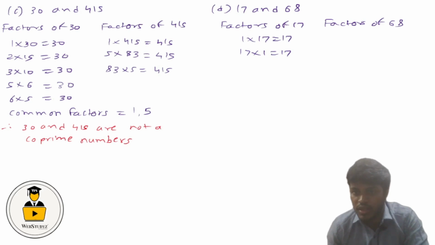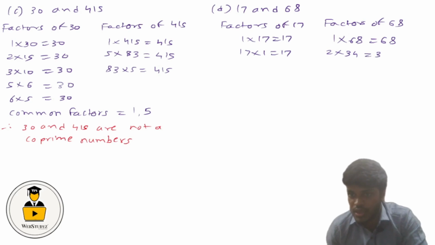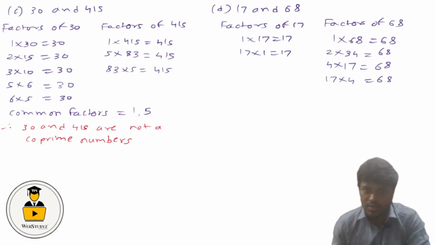And for 68, we have 1 into 68 will give us 68, then 2 into 34 will give us 68. Then it is divisible by 4 also, so 4 into 17 will give us 68, and 17 into 4 is again 68.